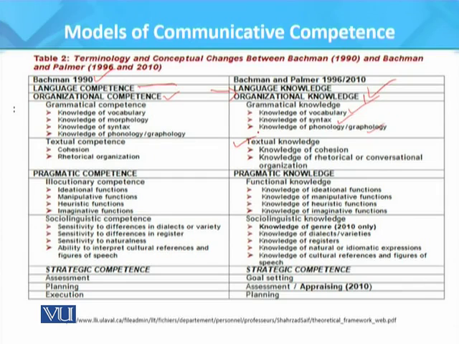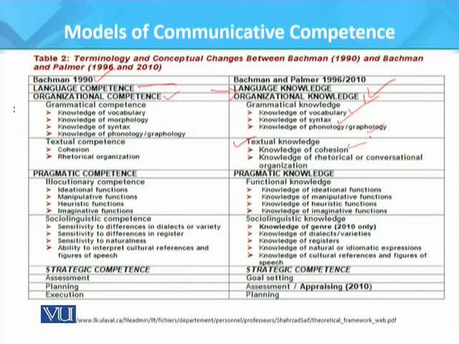In textual knowledge, we have knowledge of cohesion and knowledge of rhetorical or conversational organization. According to Bachman, knowledge of cohesion is involved in producing or comprehending explicitly marked relationships among sentences in written text, or among utterances in conversation.